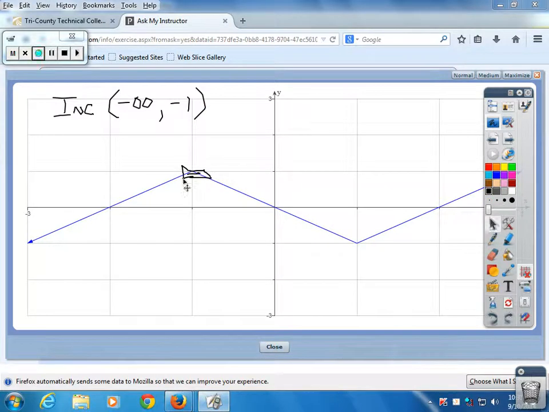And then he sees turbulence ahead. So the next couple of clicks, what does he do? He descends. So decreasing is from negative 1 to what? I can't tell. What is it? Positive 1?